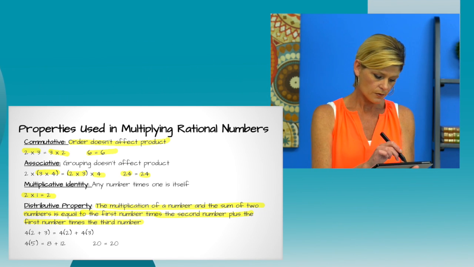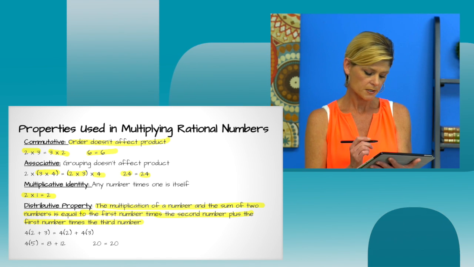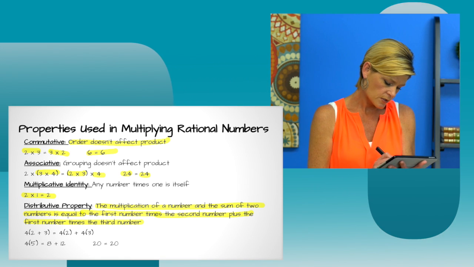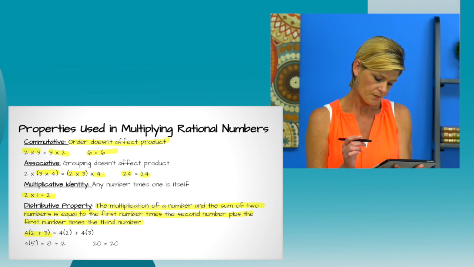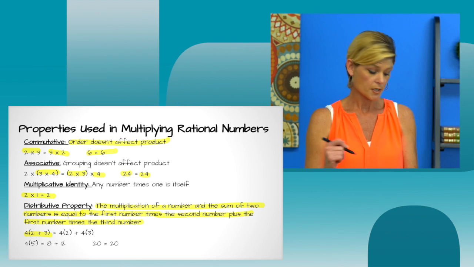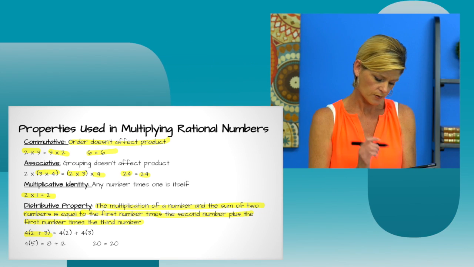When I'm talking about the distributive property, it helps me to see visually how it works. Take a look down here. You got 4, and then in parentheses, you've got 2 plus 3. Think of the word distribute. We're going to be distributing that 4 to both the 2 and the 3, kind of passing out the 4.